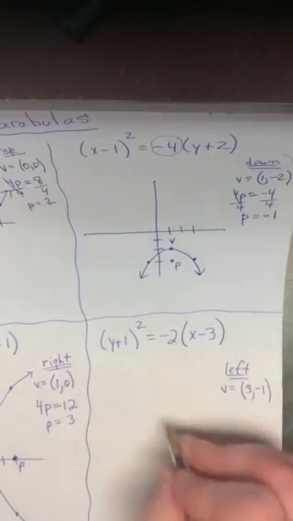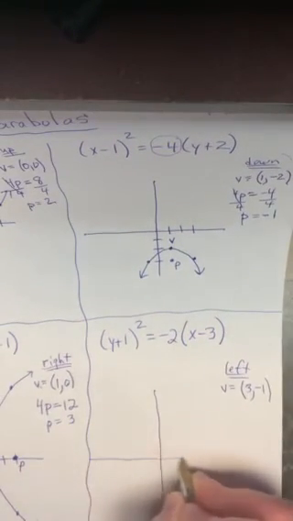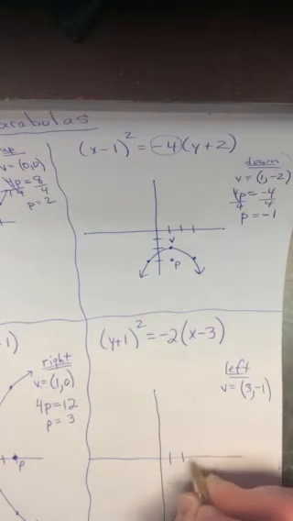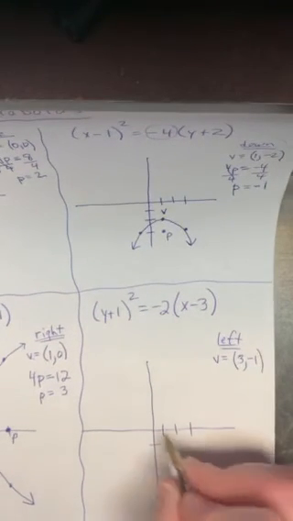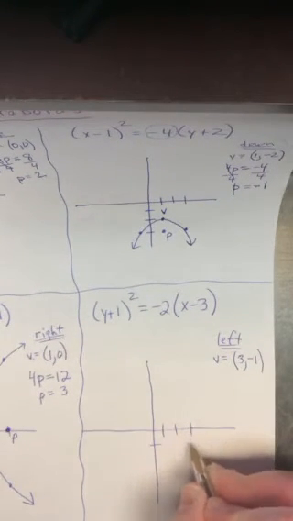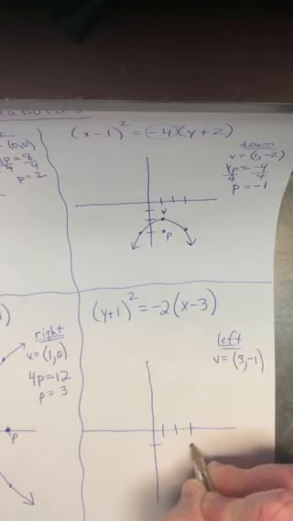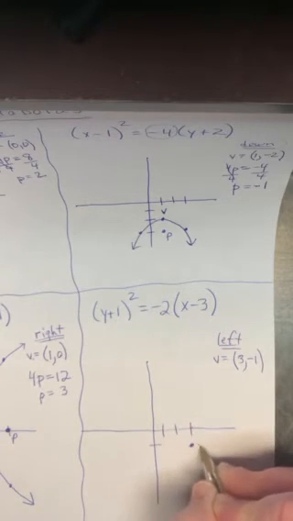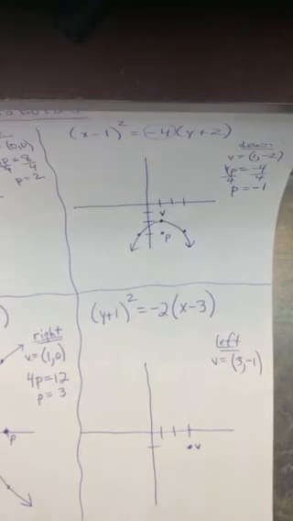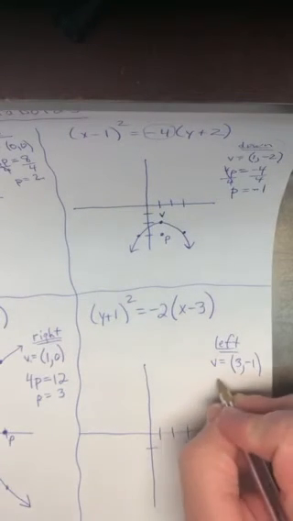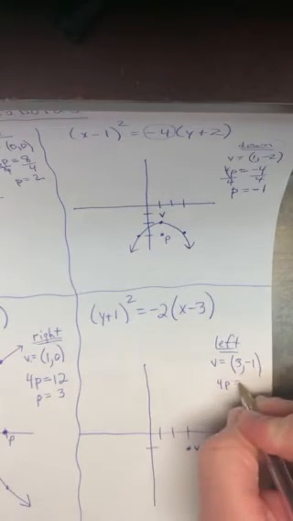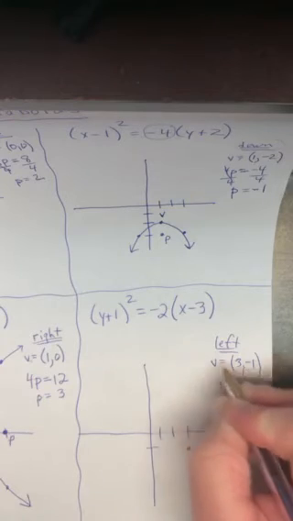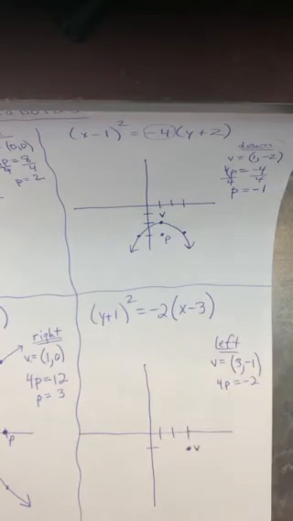So careful there. When I go to draw my parabola, I'm going to go what? Right 3 and down 1. This thing's opening to the left, so I'm going to put a little V by that vertex. I know I'm going to take 4p and set it equal to the number that's in my problem, which is -2.